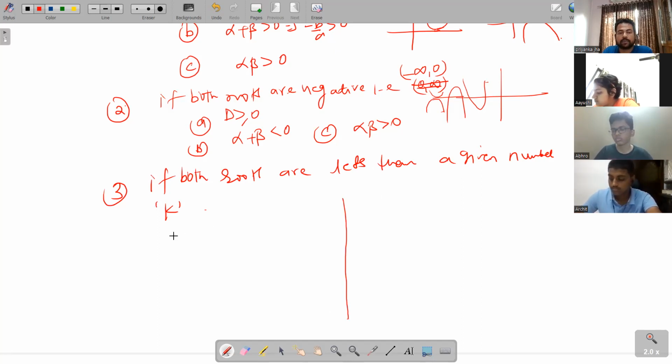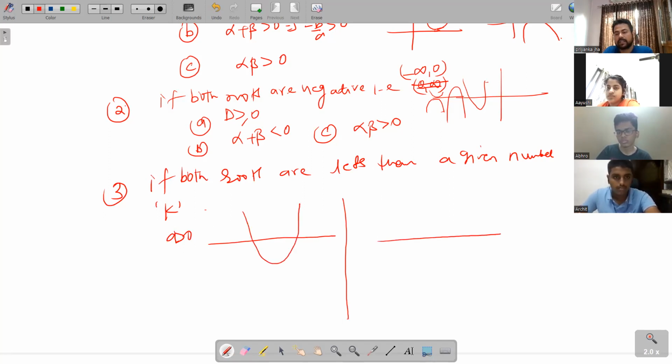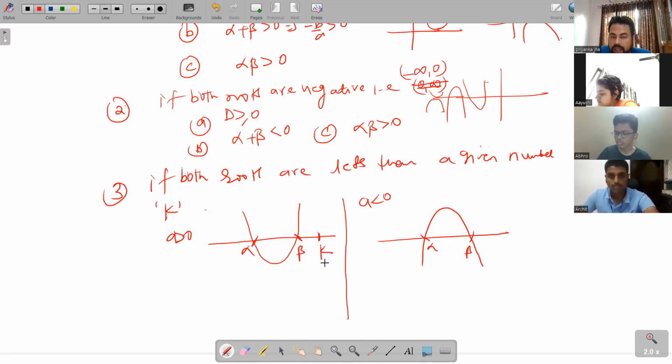See, in the first case, suppose your leading coefficient is positive, then the shape will be like this. If the leading coefficient is negative, then the shape will be like this. Now suppose this is one root and this is the second root. So both roots have to be less than this number k. It may be positive, it may be negative.